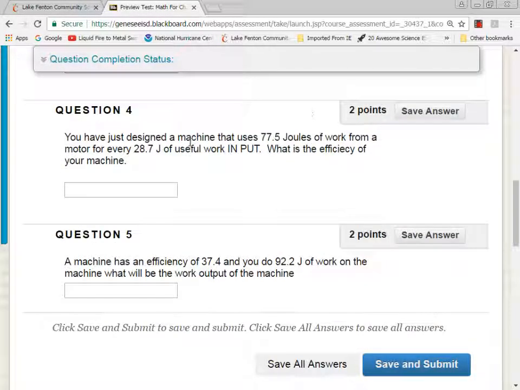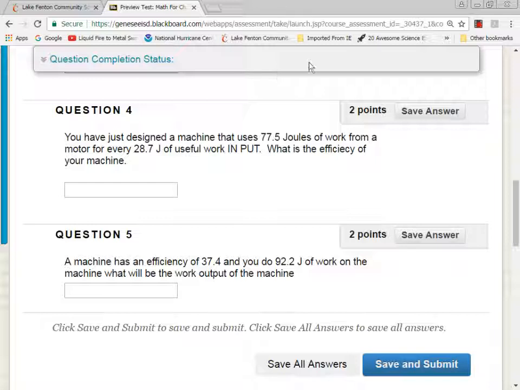All right, and this is, you just designed a machine that uses 7.5 joules of work from a motor for every, this is useful work input. We have to look at what is the efficiency formula for this. So, what is the formula for efficiency?